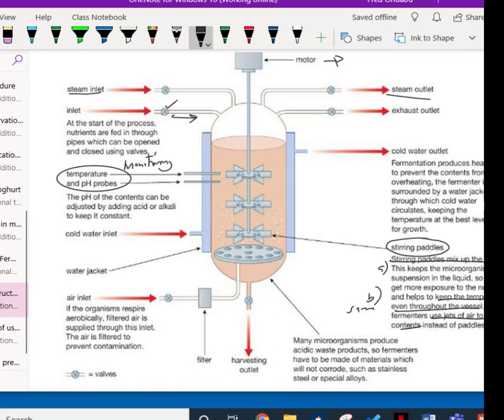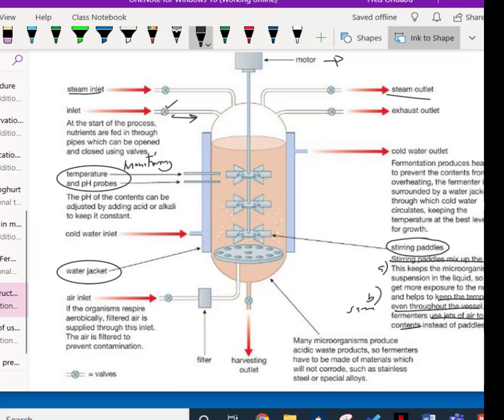When the temperature goes high, it is returned to normal in different ways. The main way is using the water jacket surrounding the vessel that has been labeled here. This water jacket is used to regulate and bring the temperature to normal, to prevent the contents from overheating.